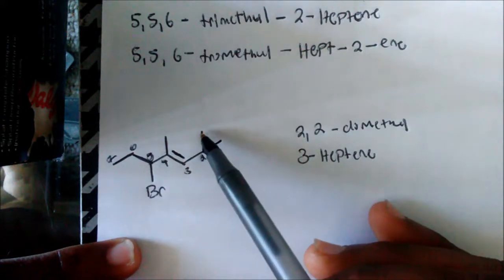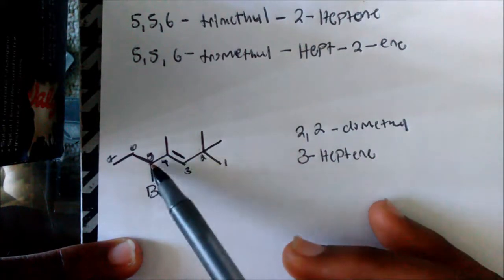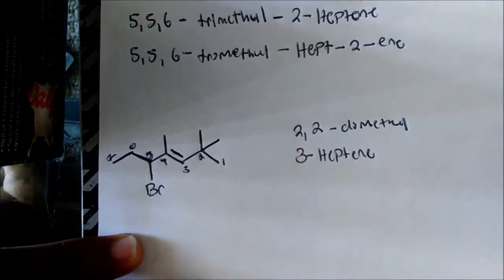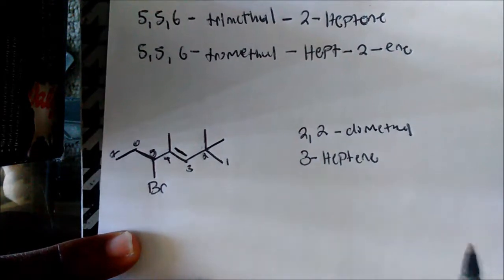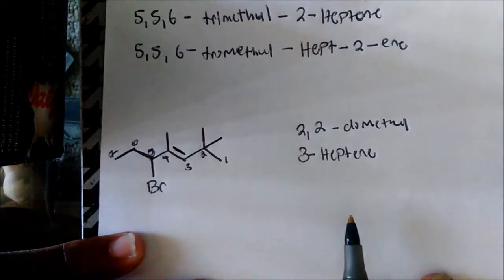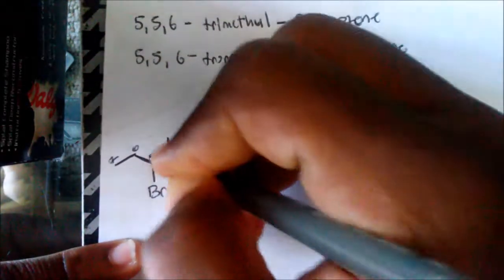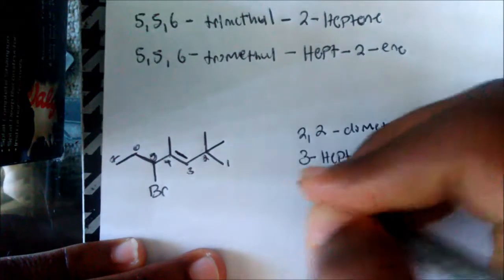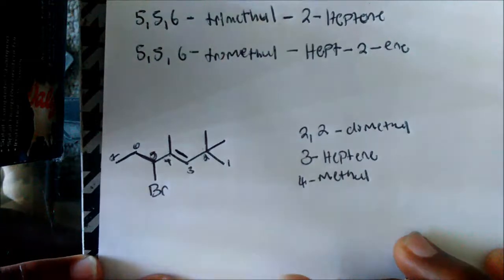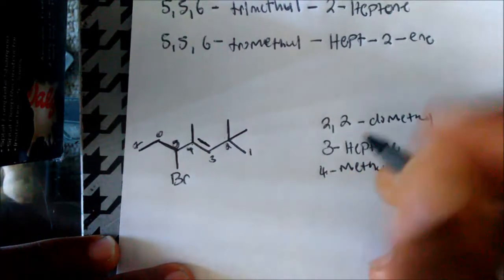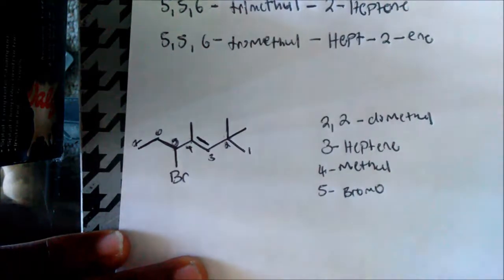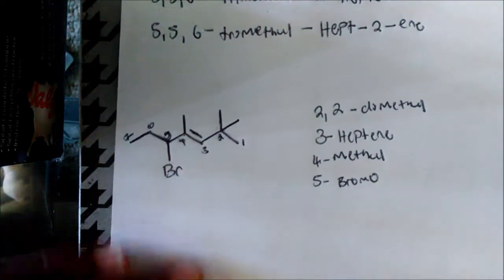I could also start from here and say 1, 2, 3, 4, 5, 6, 7, but I just chose the bottom part because it looks simpler. So again, the longest continuous chain is 7 here. So this is heptene. All right, and then on carbon 4, we have a methyl also. So that's 4-methyl. And on carbon 5, we have a bromine. So that's 5-bromo. And now we've taken care of all our substituents.